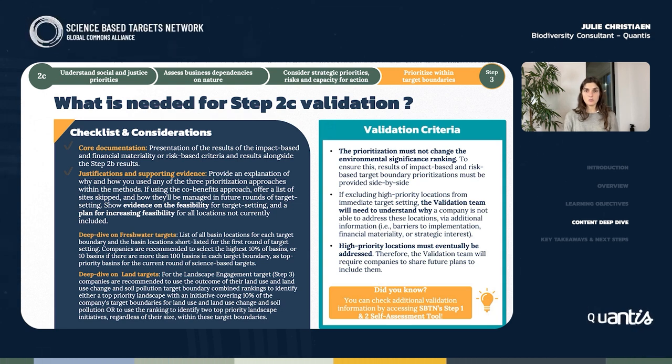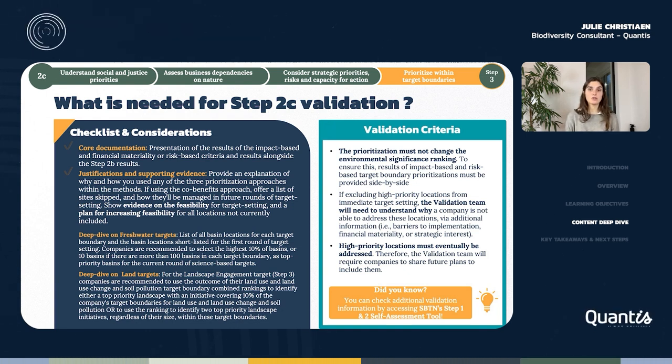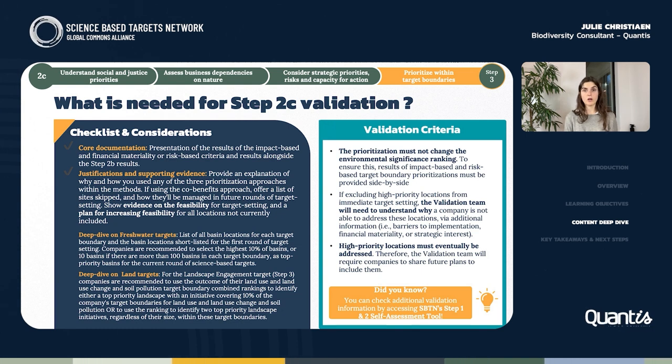As covered in this module, we have seen that there are specific requirements depending on the targets you will be setting in Step 3 for freshwater and for land. For the validation of Step 2C, the validation team will expect for freshwater to have a list of all basin locations for each target boundary and the basin locations shortlisted for the first round of target setting.